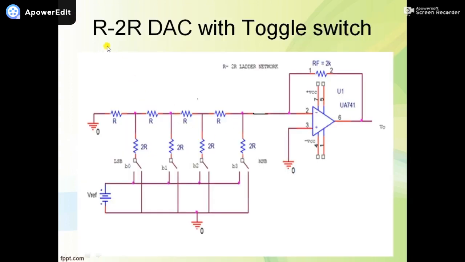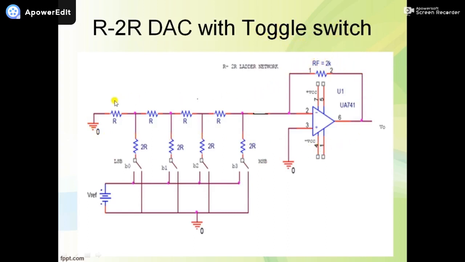So first we'll discuss the digital to analog converter of R to 2R by using the toggle switch. Consider this is the first part of the circuit.